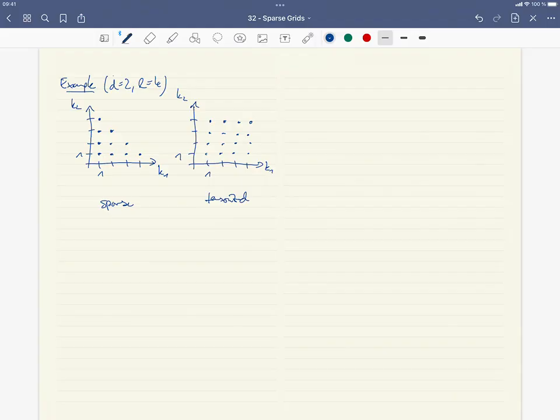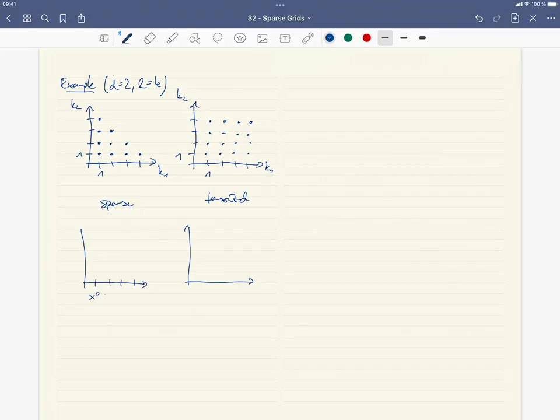Now, I'm not going to prove to you that sparse grids actually integrate polynomials of a certain total degree exactly, but you can see that the count is right from this picture. Imagine all of the polynomials that you can form.